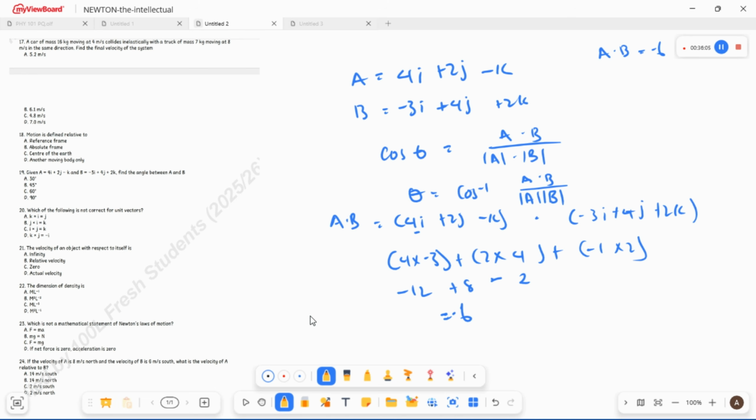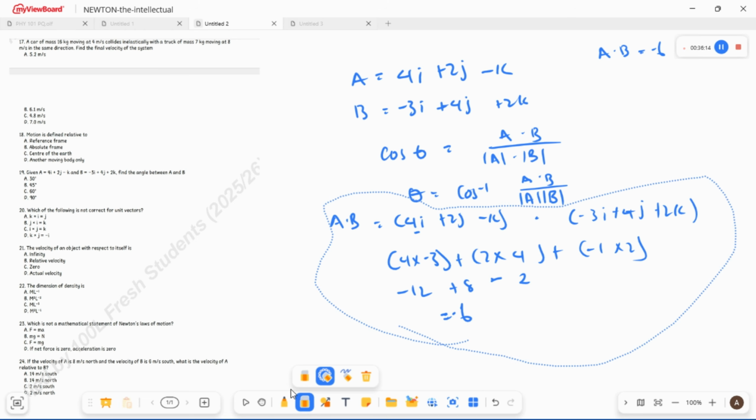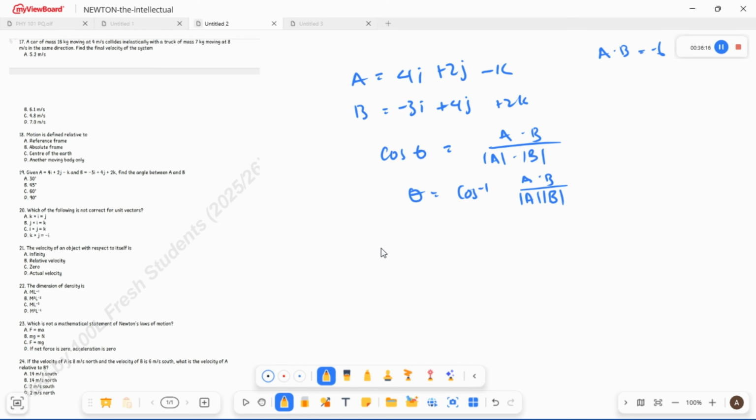So now we're going to find the modulus of A and the modulus of B. How do we find the modulus of A? To find the modulus of A, we say this is equal to the root of x squared plus y squared plus z squared.